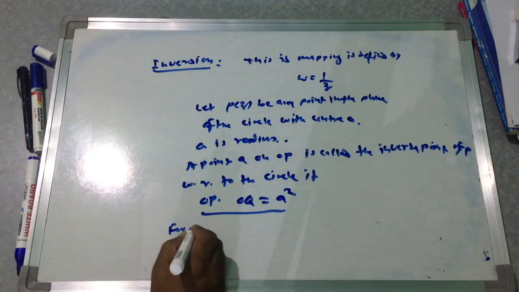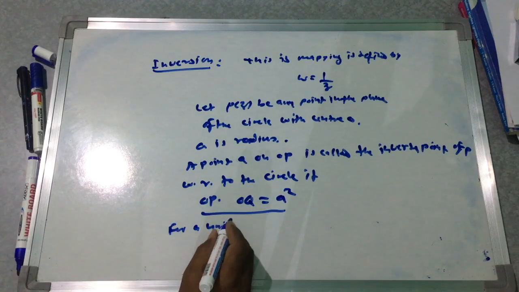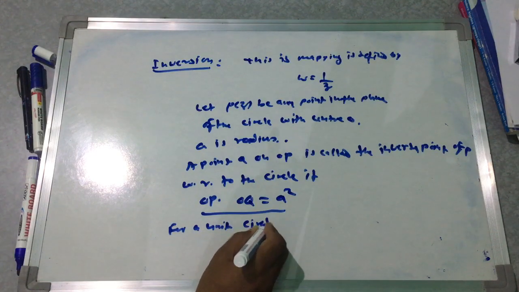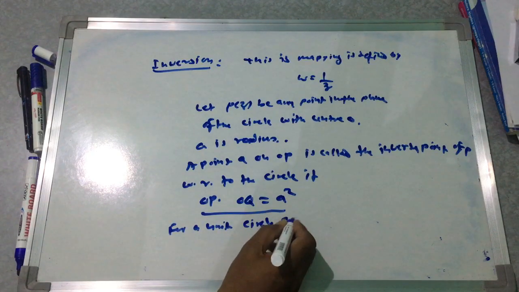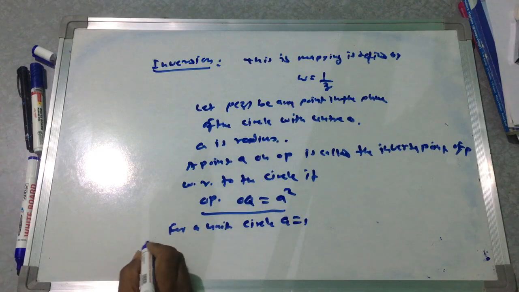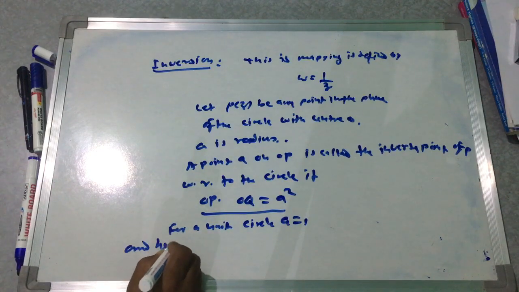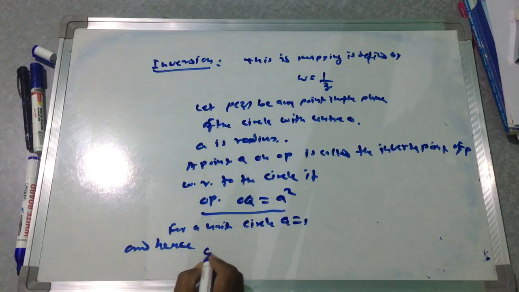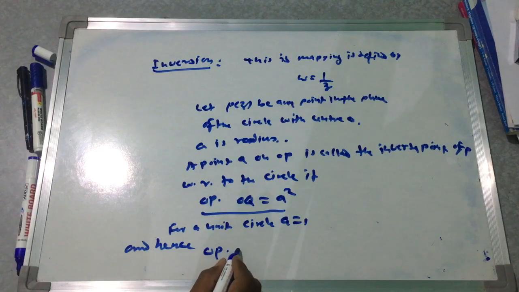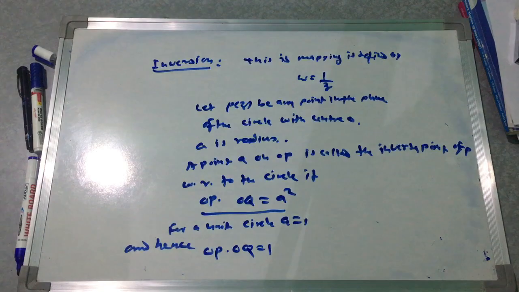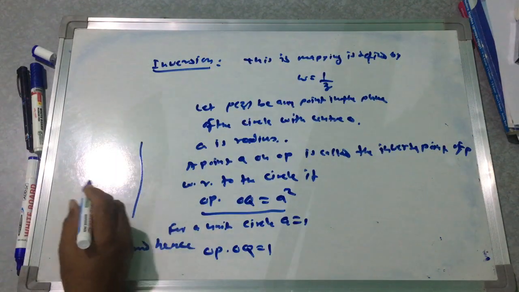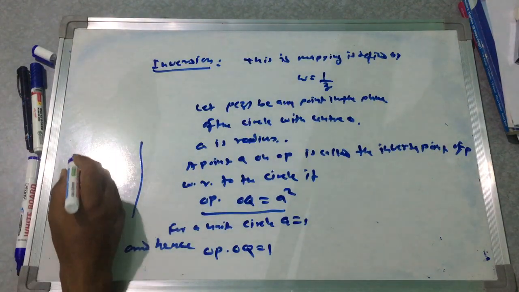So for a unit circle, A is equal to 1 and hence OP into OQ is equal to 1. So we have to show the figure.